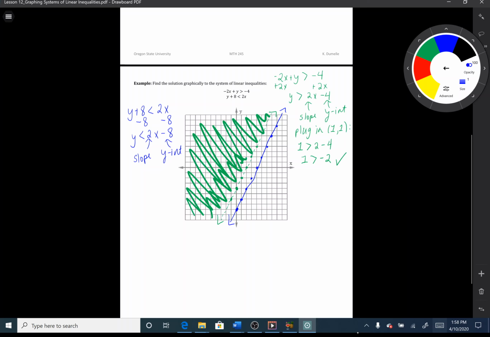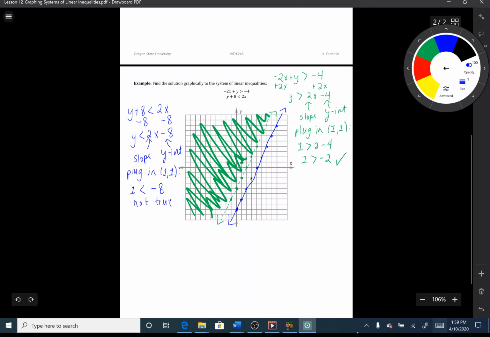All right, and we want to see which side of this graph makes the inequality true. So I'm going to plug in 1, 1 again. Why not? Again, you can plug in any point here, any point that you want. So if I plug in 1, 1, I get 1 is less than negative 8, which is not true.